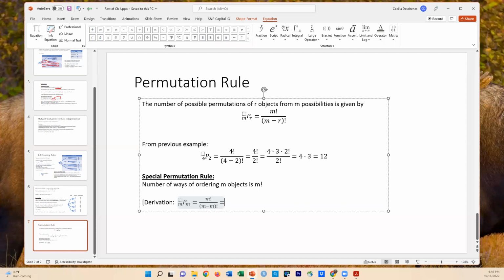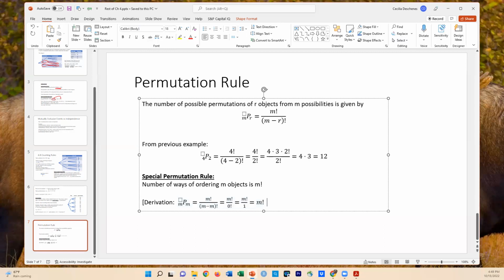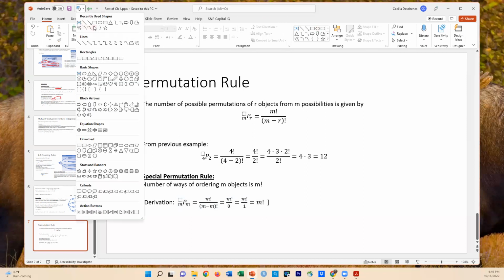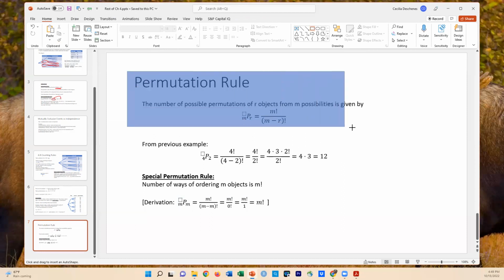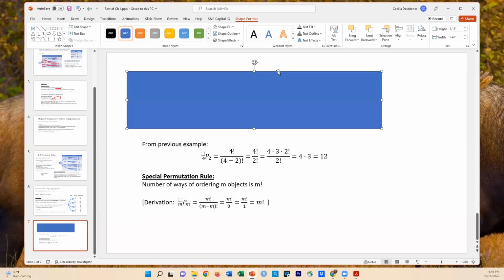And then that's just going to be M factorial divided by 0 factorial. And we agreed that 0 factorial is 1. So it's M factorial divided by 1, or just M factorial. We'll put a box around this permutation rule, because this is one of the ones you're going to want to have in your notes and be familiar with.